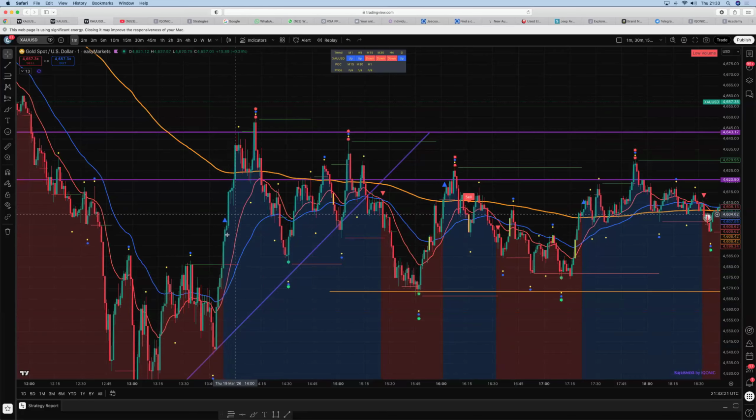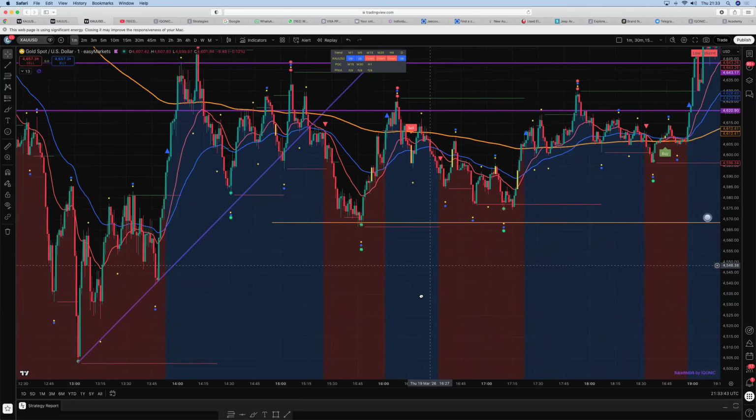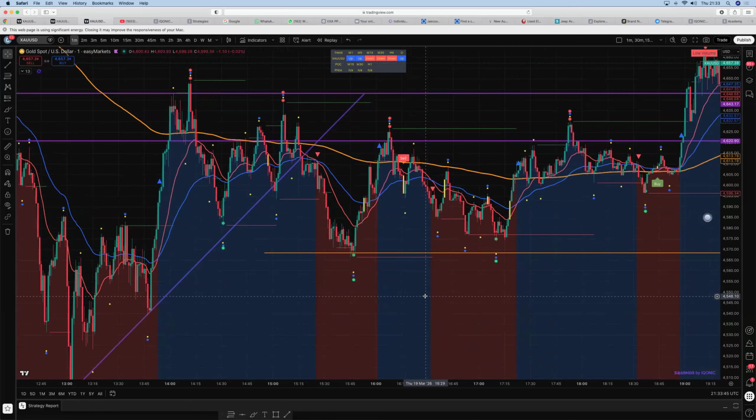Once it breaks that zone, right, I'm in. Then, look, we got a buy signal. We got the buy signal. So we could have taken it all the way up. Does that make sense, family? Please tell me if it makes sense to you. Yeah? It's that simple, guys.